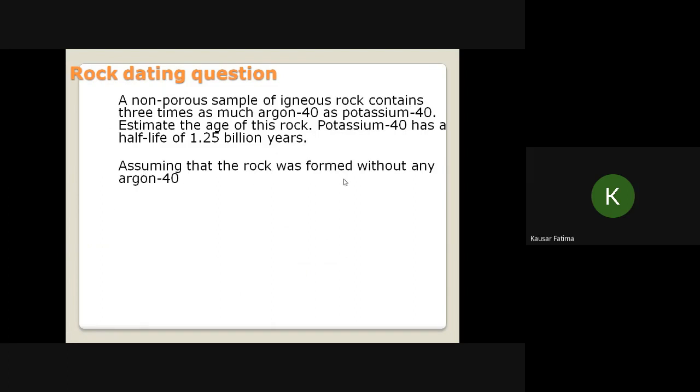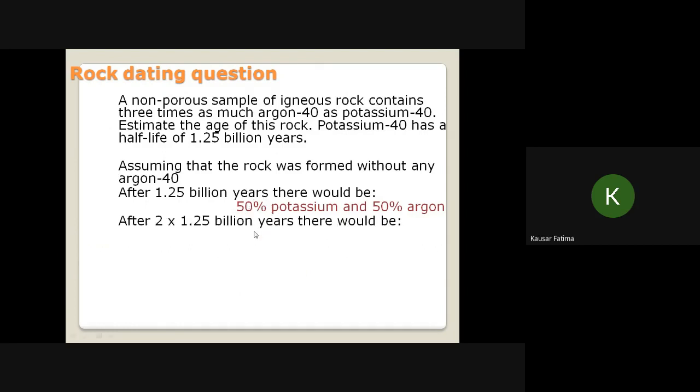Assuming that the rock was formed without any argon-40. We have just made our calculation simpler by assuming that in the beginning there was no argon-40. After one half-life, 1.25 billion years, there would be 50% argon. Half of them will be argon, half of them will be potassium. Now half of the leftover, that means half of this 50%, means 25%.